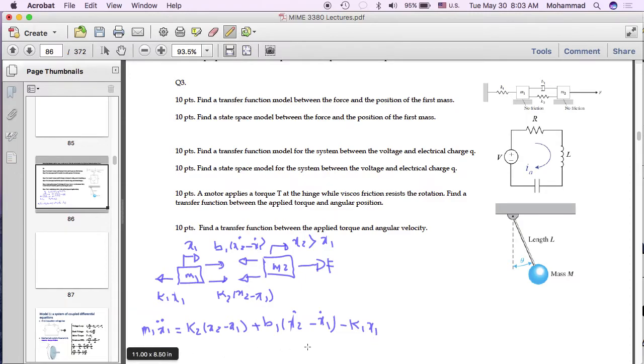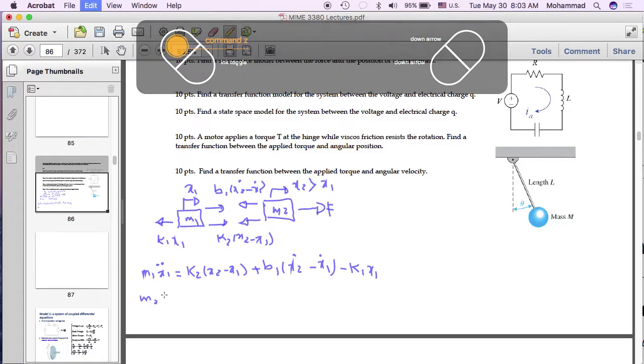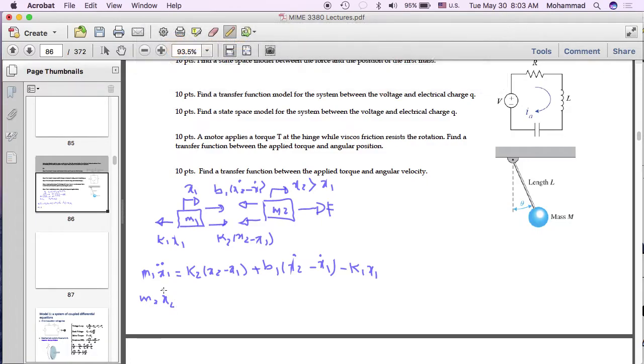For mass 2, similarly, we can write another equation, and that equation is m2 x2 double dot is equal to, now the direction of these two forces, even though they're exactly the same two forces applied on mass 1, is in the negative direction.